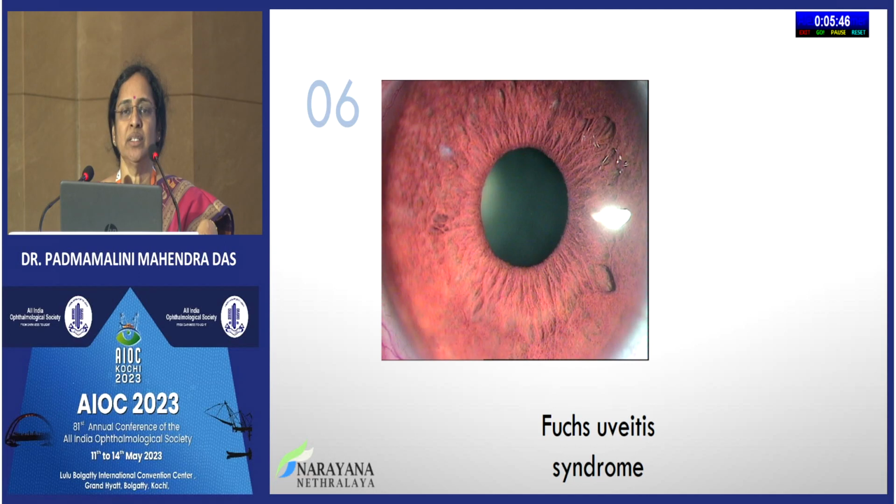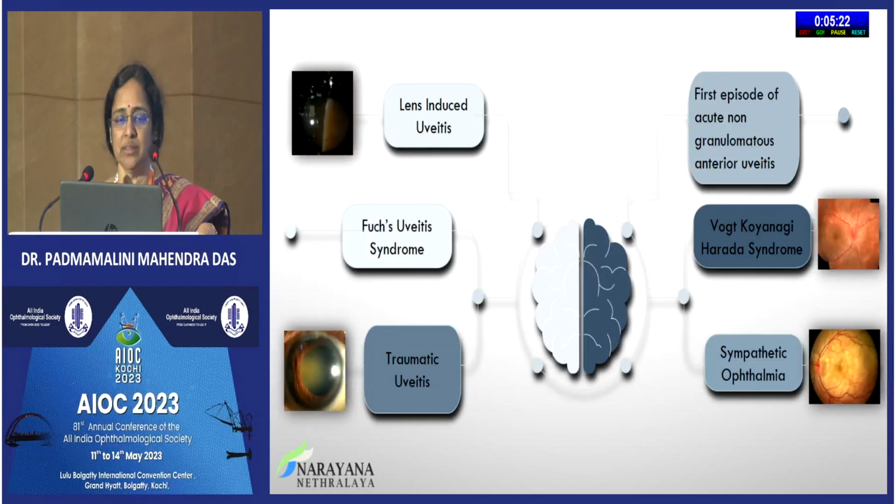The next entity is Fuchs uveitic syndrome. Most often, it is underdiagnosed and overtreated with corticosteroid therapy. In the textbooks, Fuchs does not need investigations, but we do an aqueous tap for PCR for viral genome if you are suspecting conditions like CMV anterior uveitis or other viral uveitic entities.